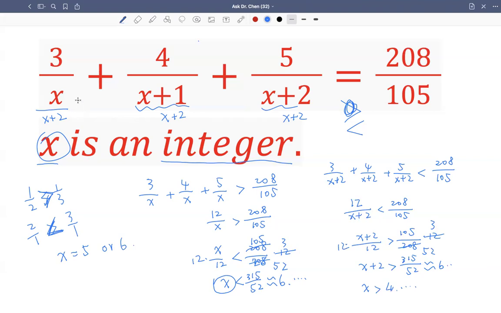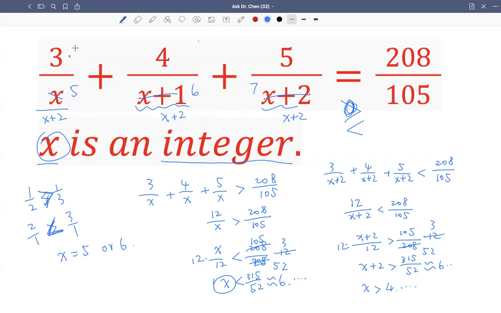If x equals 5, we have 3 over 5 plus 4 over 6 plus 5 over 7. 5 times 6, 30. 30 times 7, 210.